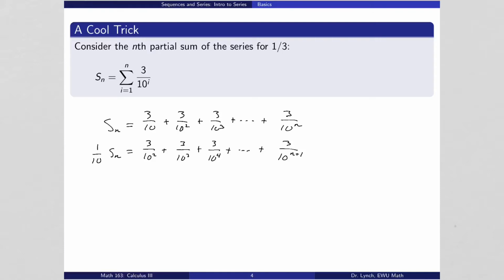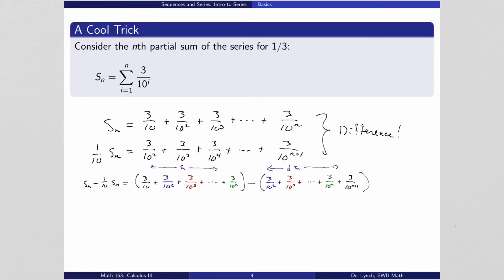So now imagine taking the difference of these two. I think you'll agree that if you take the difference, s sub n minus 1/10 s sub n, a whole bunch of these terms cancel. So I'm going to write this out, and then I'll indicate which of the terms cancel.